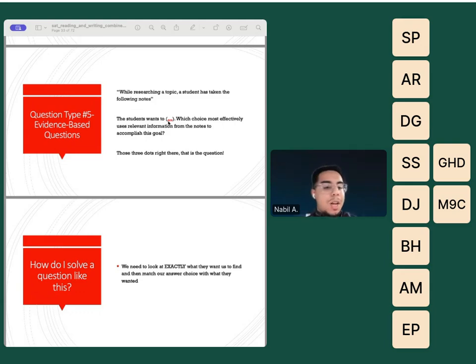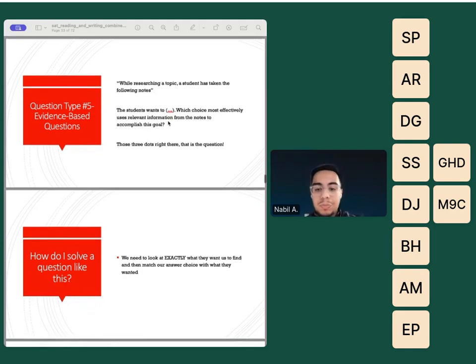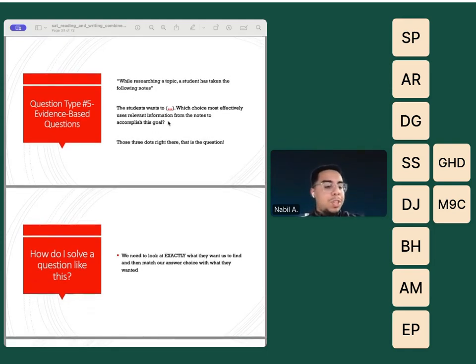So those 3 dots here that I mentioned, what the student wants to accomplish, that's the question. And with the bullet point notes, during my sessions we'll actually go over actual practice problems, but there's usually a bullet point list of notes, and surprisingly, you don't even have to look at the notes to answer these types of questions.